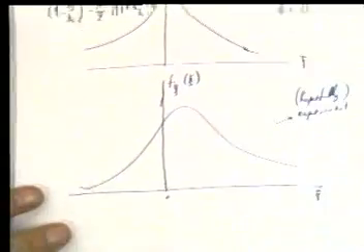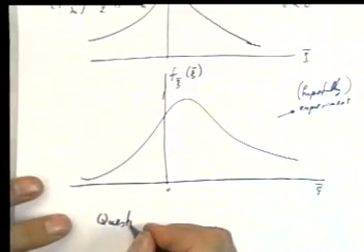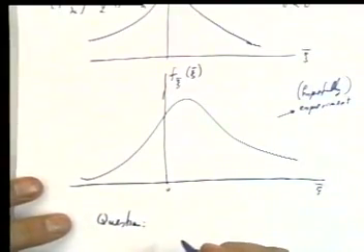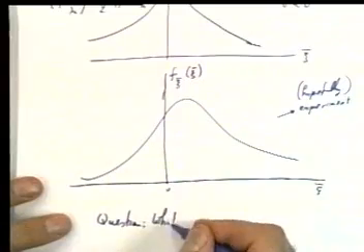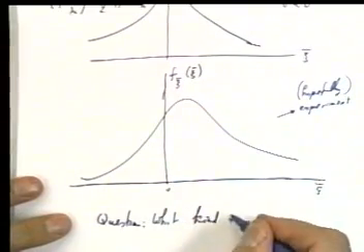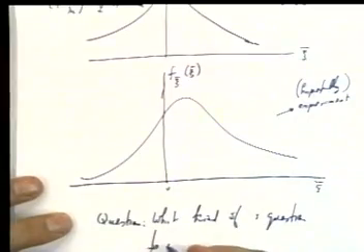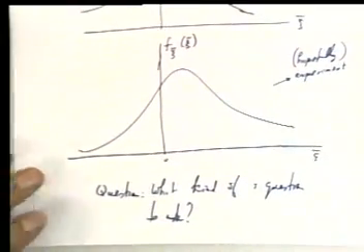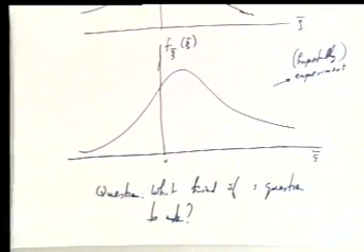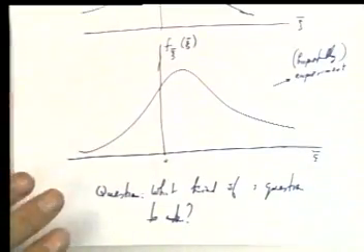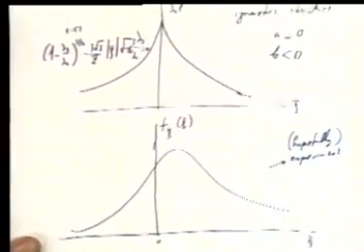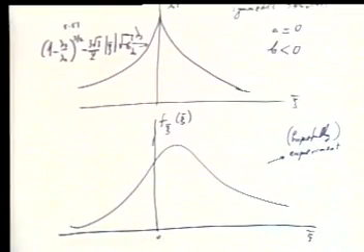Now the main question is what kind of question to ask. I have this relationship and I have this density. What is a question I could ask myself?